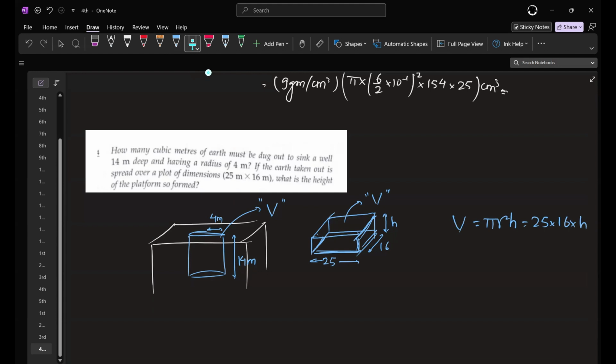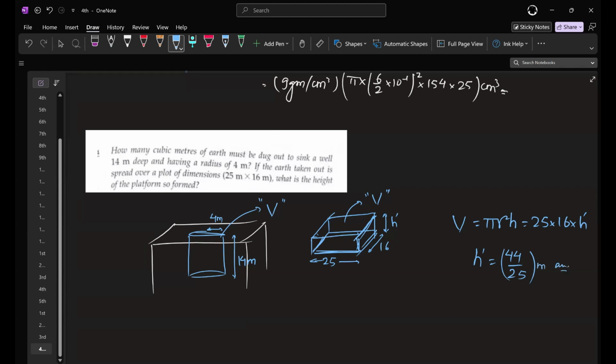So h dash would be 14 pi over 25, which means 44 over 25 would be the final answer. This much meters.